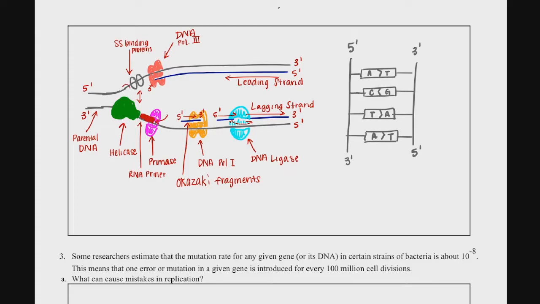Right here, where we see the DNA splitting, is called the replication fork.